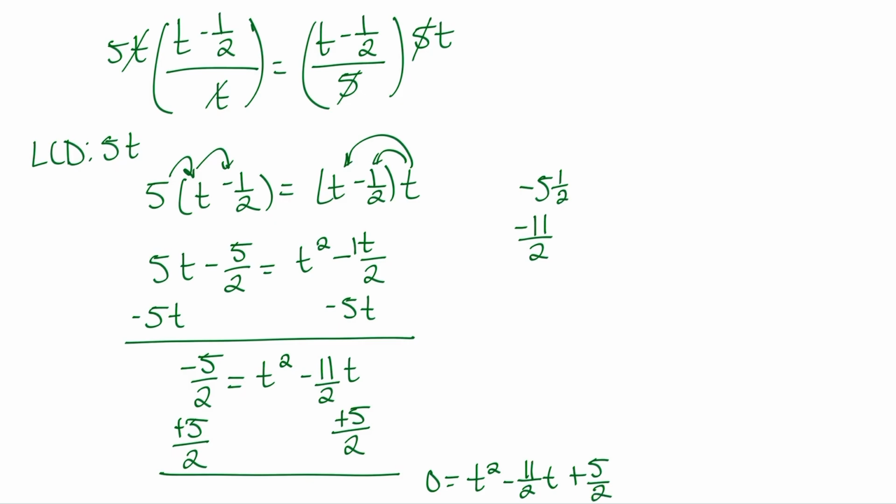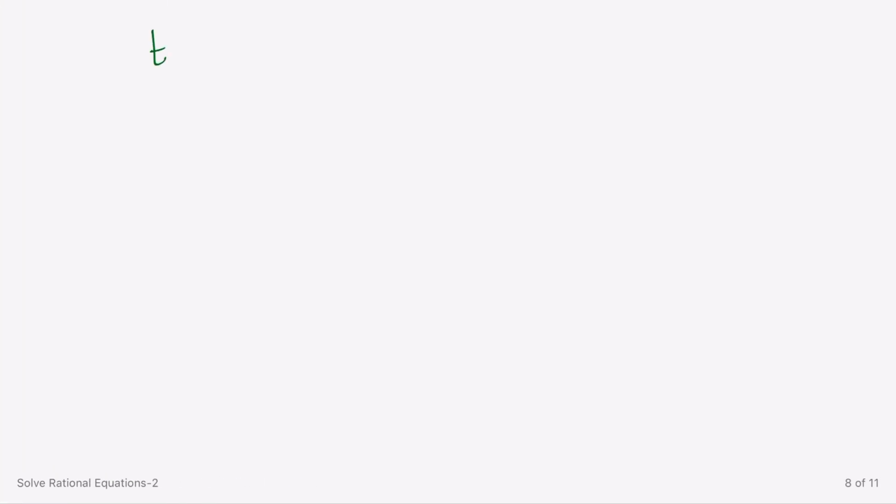So now I need to work on solving this quadratic equation. To solve this quadratic equation, I'm going to once again use the quadratic formula. So I have t squared minus 11 over 2t plus 5 over 2. If I use my quadratic formula, this is going to be a, here's b, and then here's c.